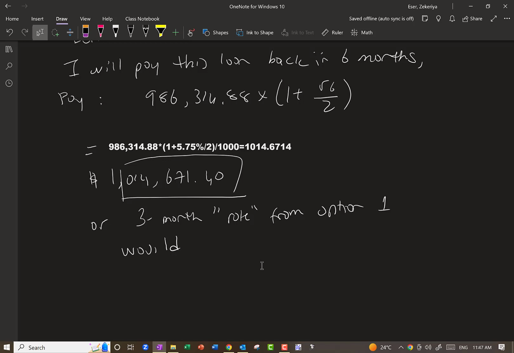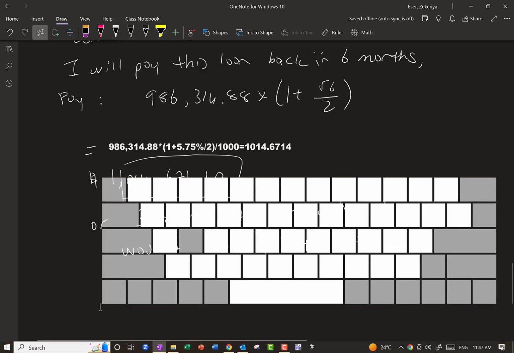Or the interest rate would be 0.0146714 times 4. Remember that 1.46% is for the 3-month period. We always convert it into APR.